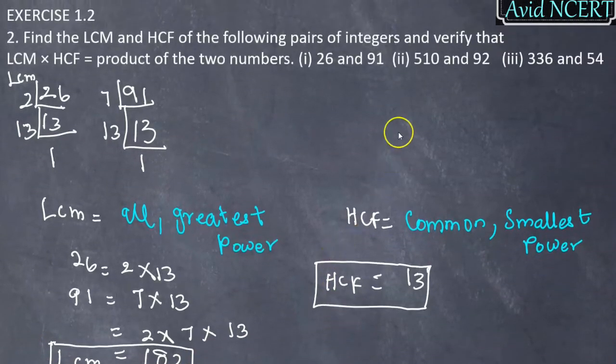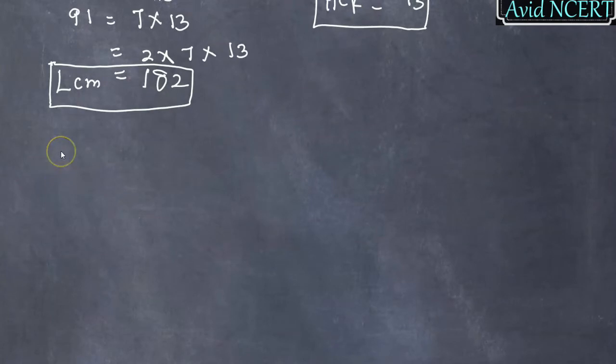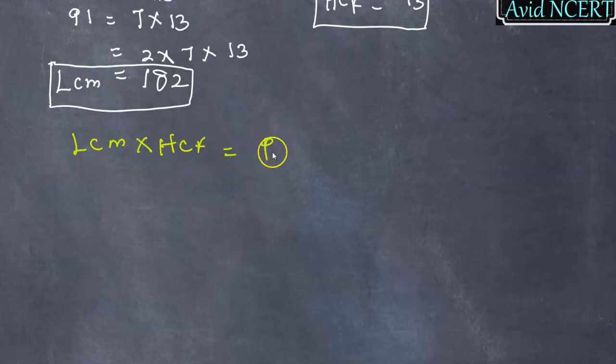The next step is to verify that LCM into HCF equals the product of two numbers. The two numbers are 26 and 91. So now we have to prove that LCM into HCF equals the product of the two numbers.